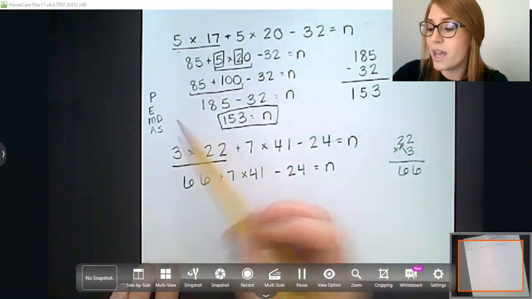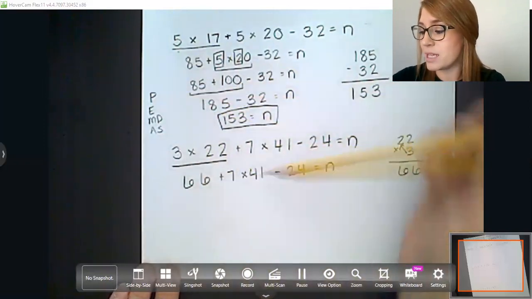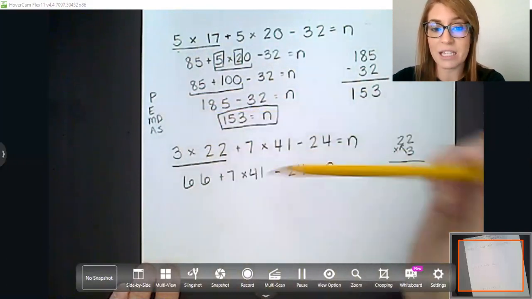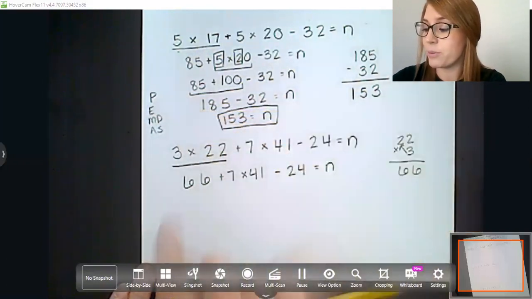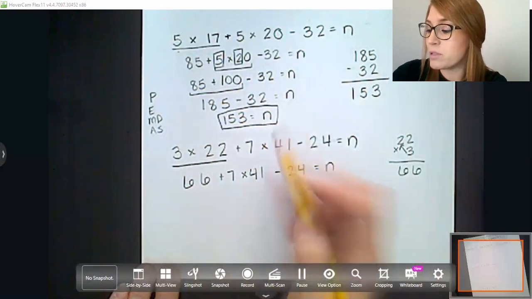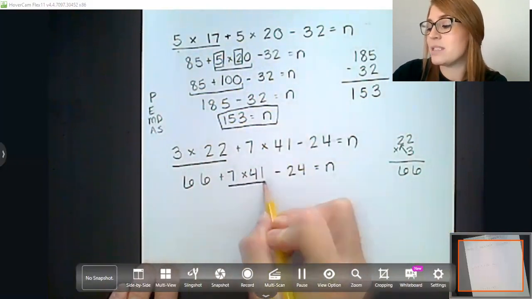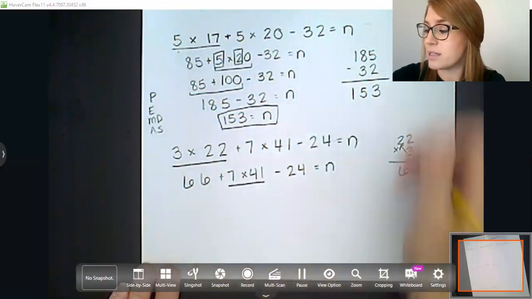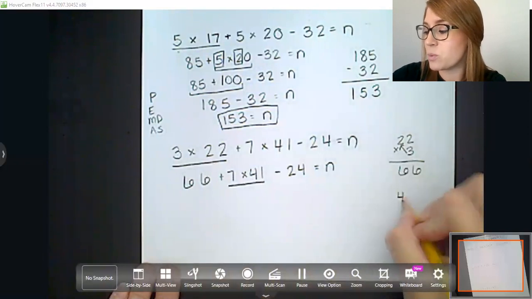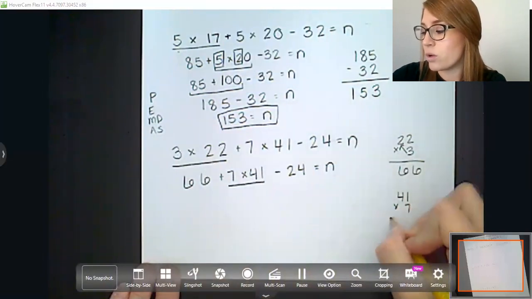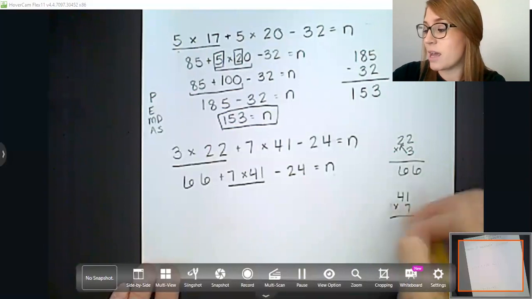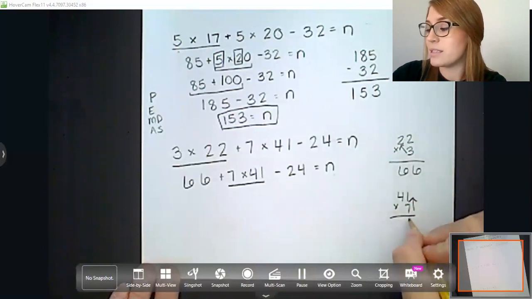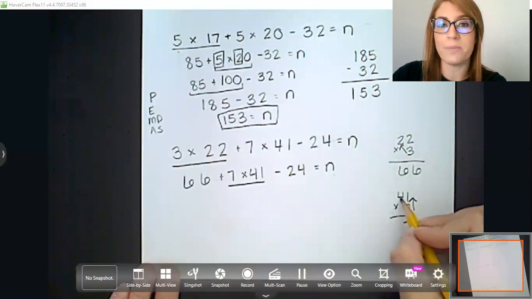Okay, I do not see any parentheses. I do not see any exponents. I have another multiplication problem. So 41 times 7 is what I'll be solving next. I'm going to come over here to my scratch work area. 41 times 7. 7 times 1 is 7. Good. And 7 times 4, what'd you get? 28.